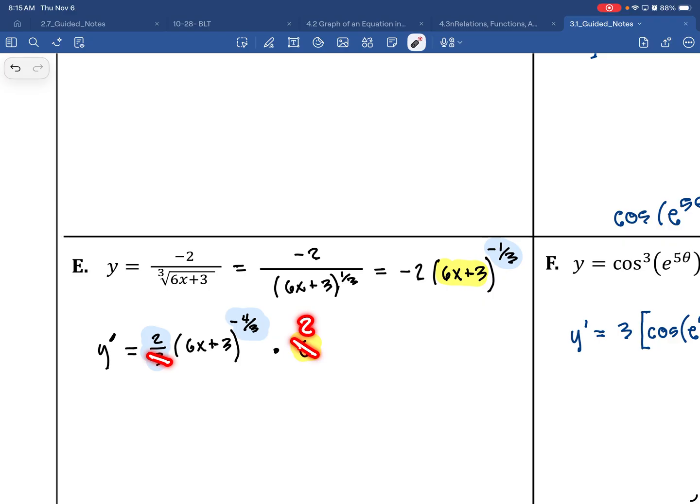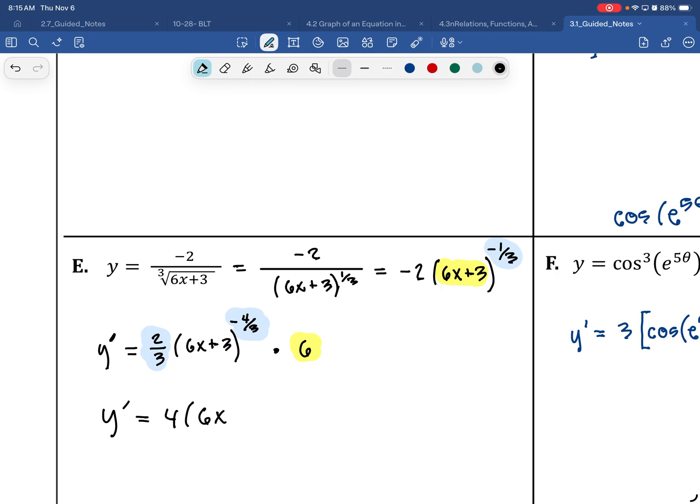But I'm going to take that 2 in red, and I'm going to multiply it by the 2 in the front. Using not a highlighter, right?